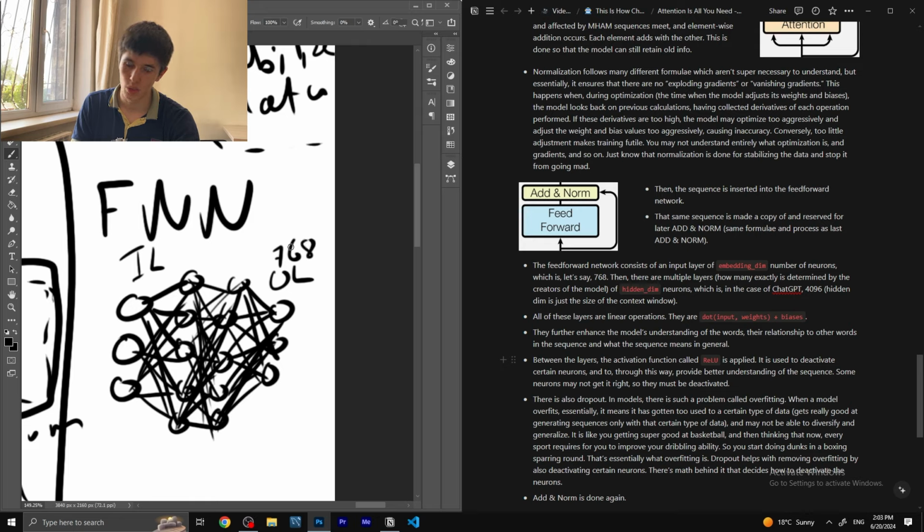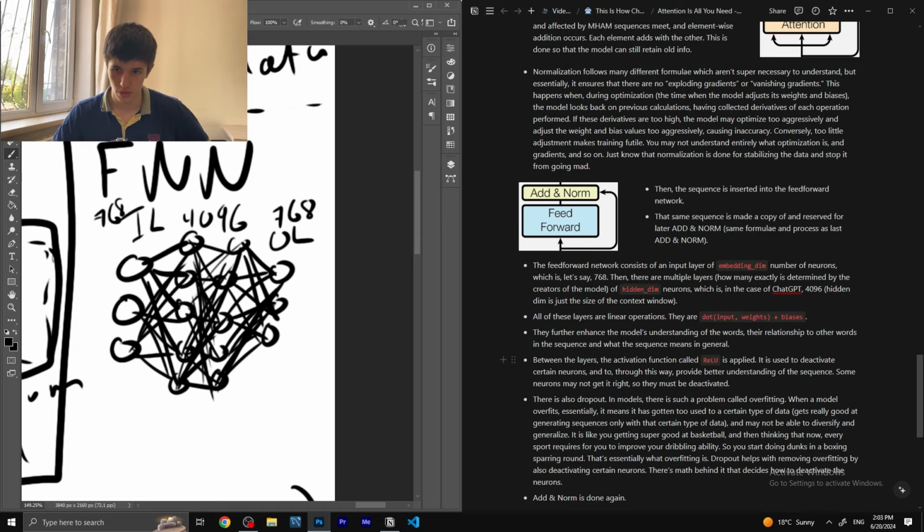So 768 would be the case for GPT-2, not sure. And then the hidden dimension is the size of the context window, essentially, which is 4096 in the case of ChatGPT. That's how it would look.